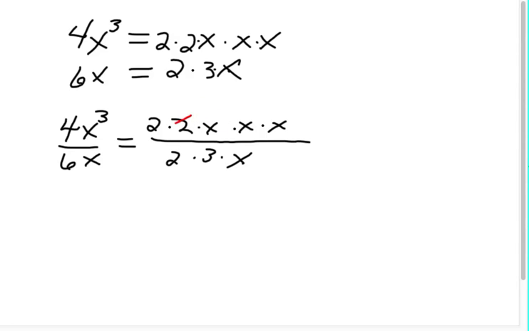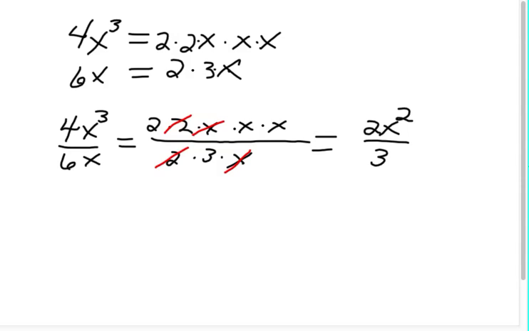I could cross out 2 here and 2 there, and cross out x here and x there. You can see why I'm using the red pen, because it's hard to see black on black. So if you do this, I would recommend that you use a different colored pen when you cross out. Then what's left over? 2 times x times x, so that's 2x squared over 3.